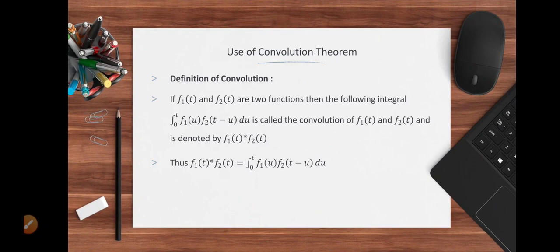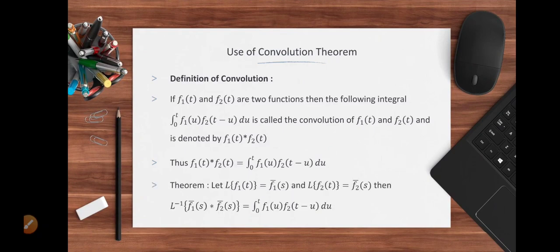So convolution of two functions of t is nothing but a definite integration within the limits 0 and t with respect to u. So from this we can write, let L of f1 of t is equal to f1 bar of s and L of f2 of t equal to f2 bar of s.